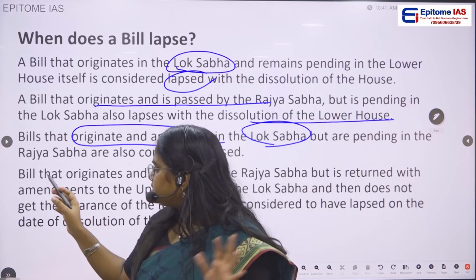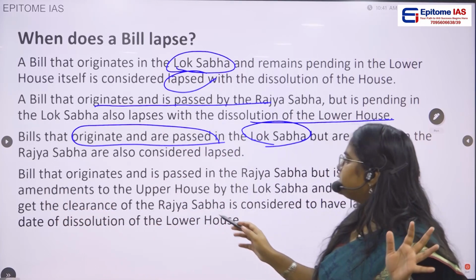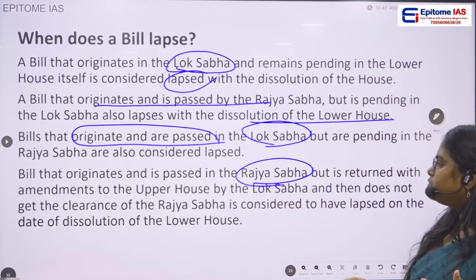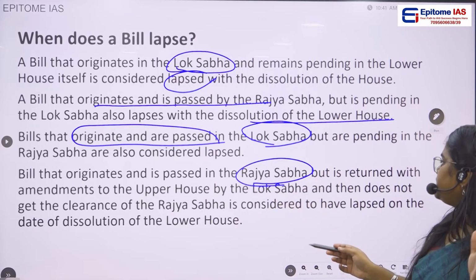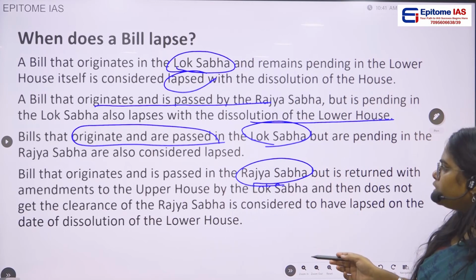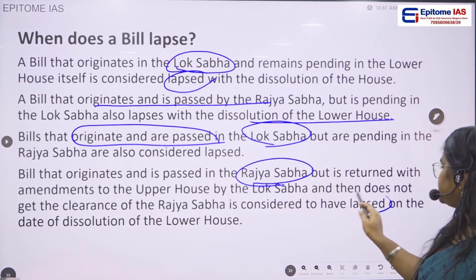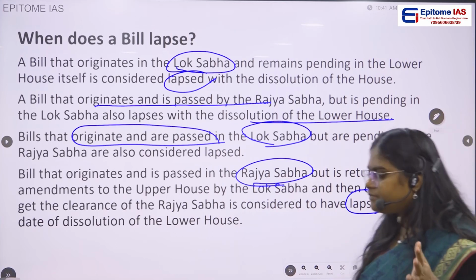Okay. Then the next case is a bill that originates and is passed in Rajya Sabha, but is returned with amendments to the upper house by the Lok Sabha, and does not get the clearance of Rajya Sabha, is considered to have lapsed on the date of dissolution of the lower house.